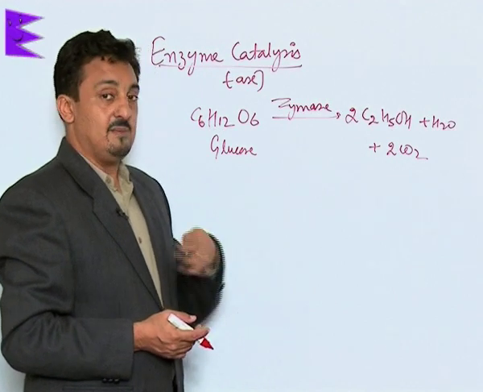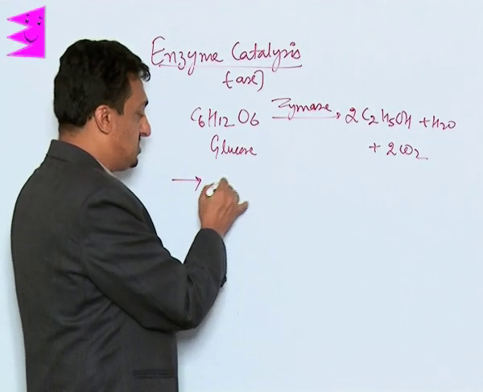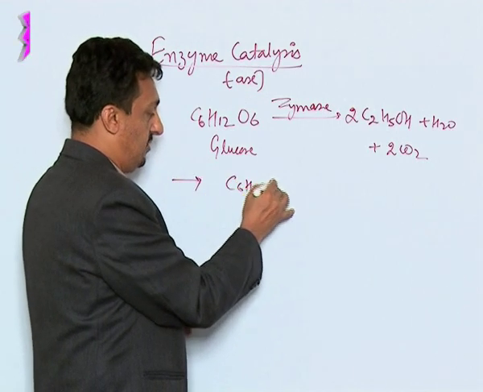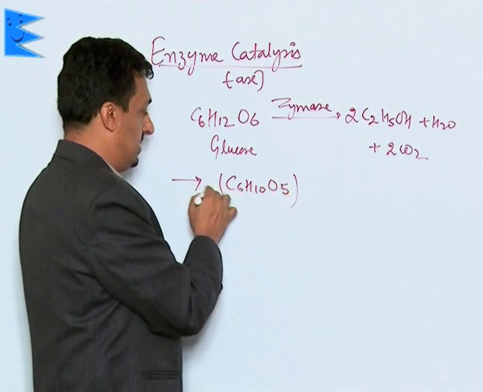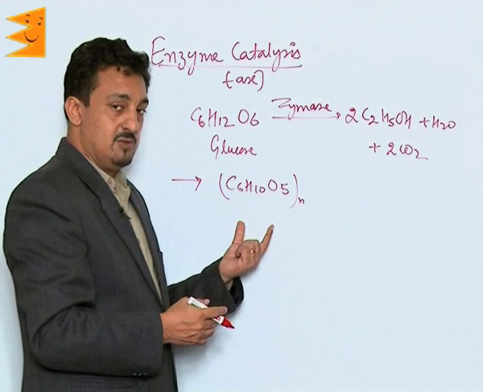Now let us see some other examples. Let us see the example of starch, (C6H10O5)n. We know it is basically a polymer of simple glucose molecules.